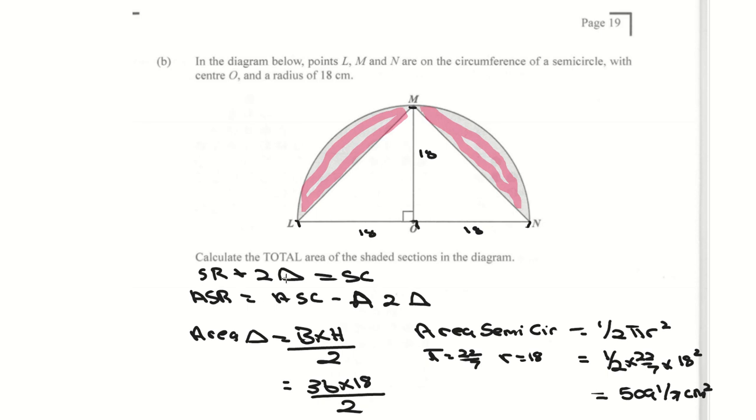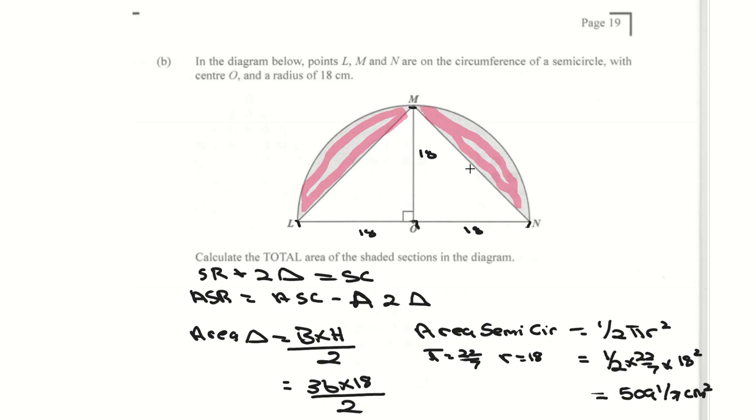Calculate the total area of the shaded region. We know that the shaded region would be the difference of your semicircle and your triangle. So you find the area of your semicircle, and then you find the area of your triangle, and you subtract it, and you should get your answer.